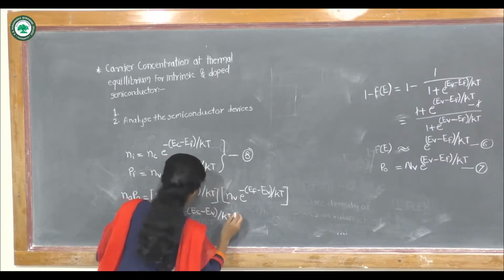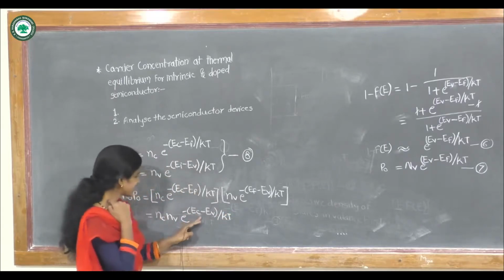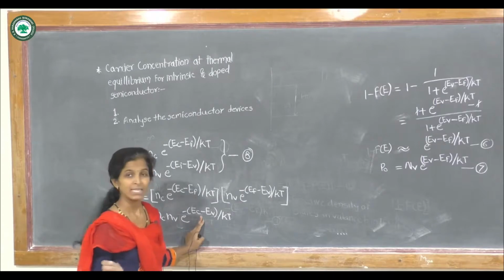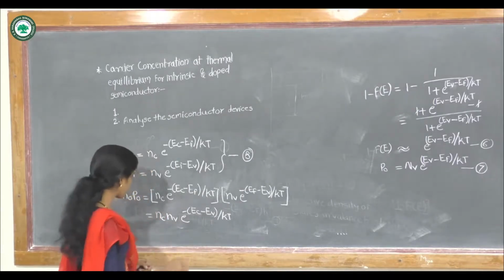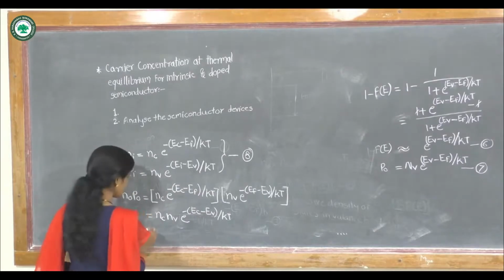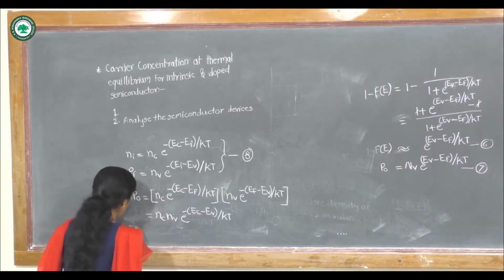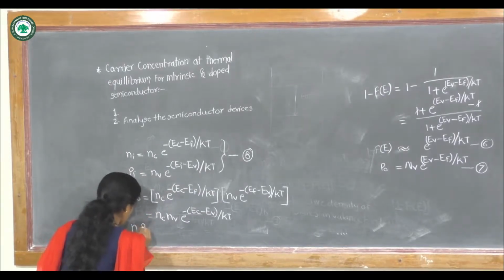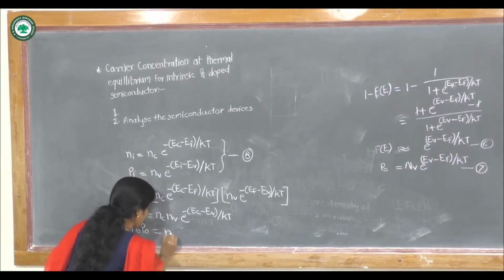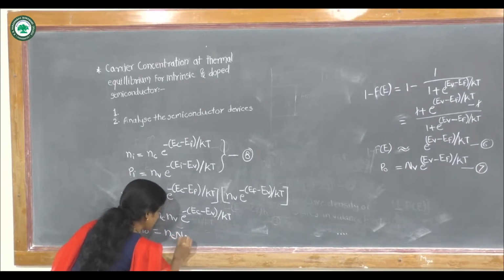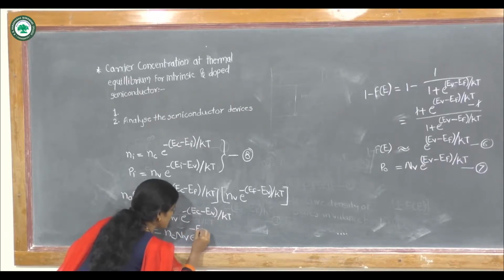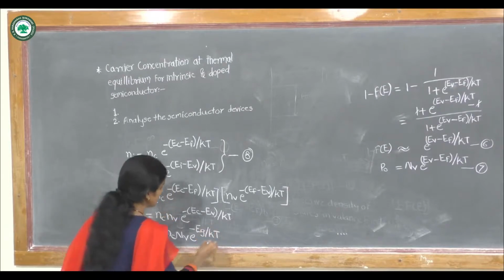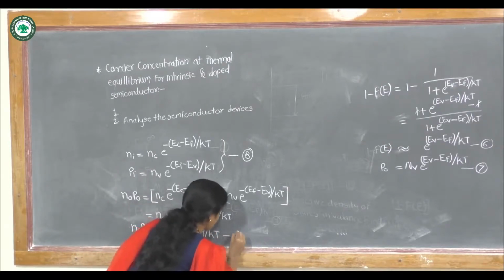But as we know, this difference between Ec and Ev is nothing but Eg, that is the band gap. So we may write n0 p0 is equal to Nc Nv into e raised to minus Eg by kT. So this is equation number 9.